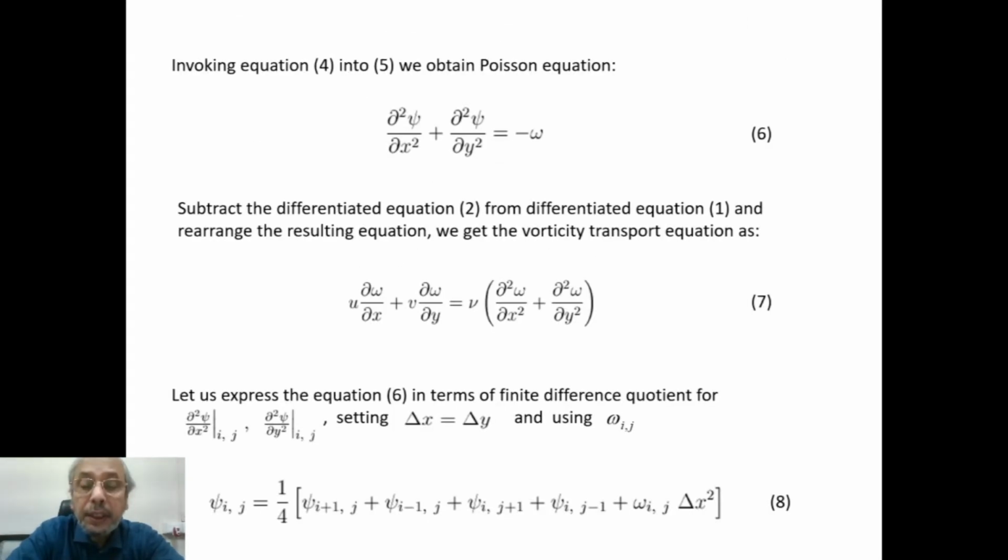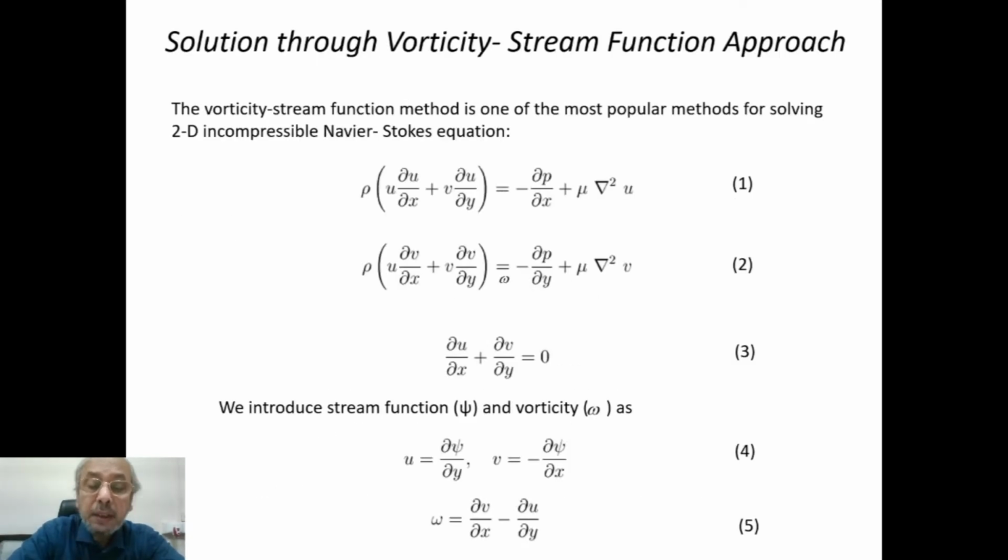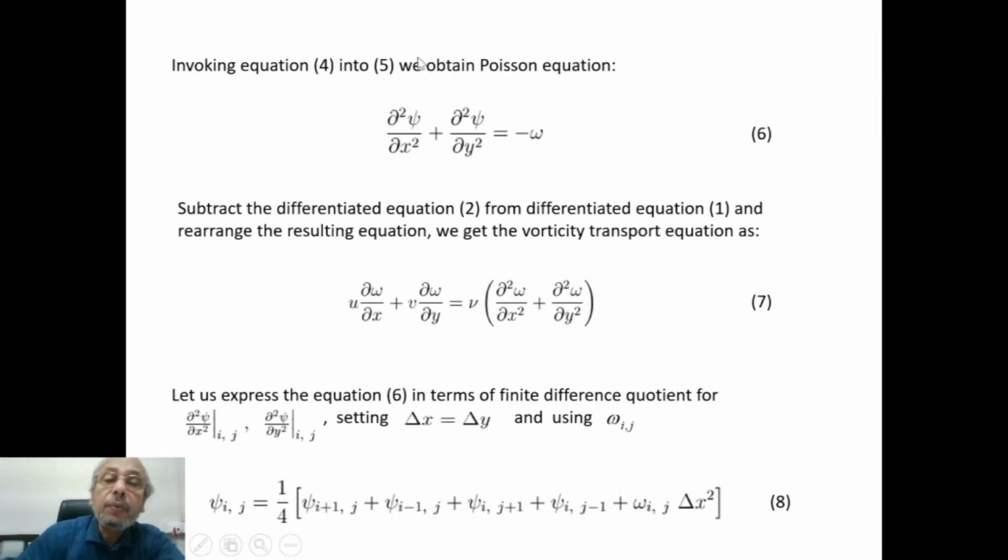Now in omega, where we have written omega equal to del v del x minus del u del y, equation 5, if we substitute equation 4, v as minus del psi del x and u as del psi del y, then we will get an equation which is Poisson's equation in psi or stream function.